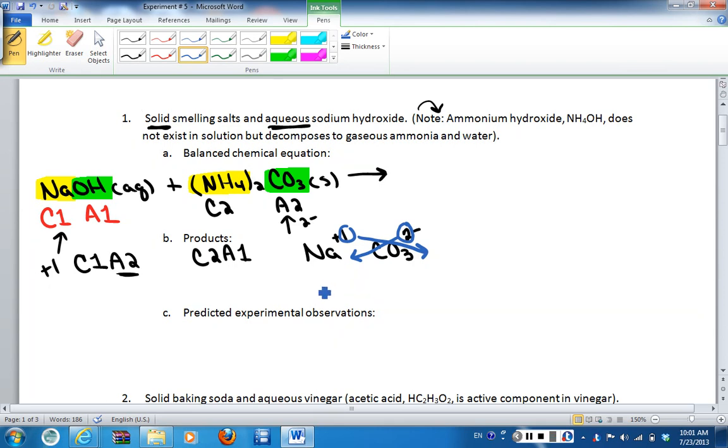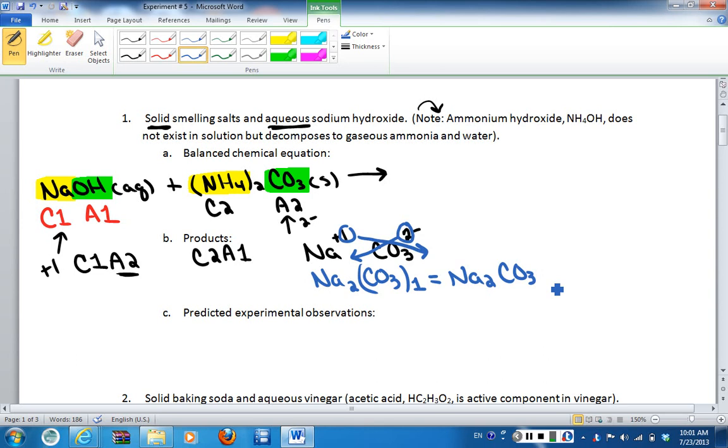So this would be Na2, then we'd have carbonate, CO3, and this would be 1. Now, you know that when we only have 1 of anything, the 1 is omitted. So this becomes Na2CO3.